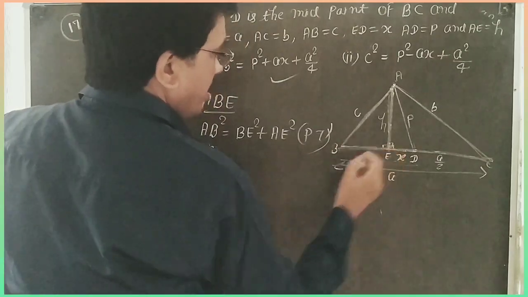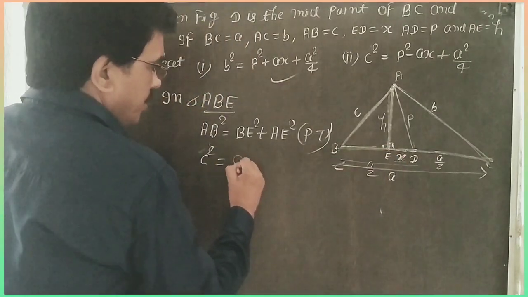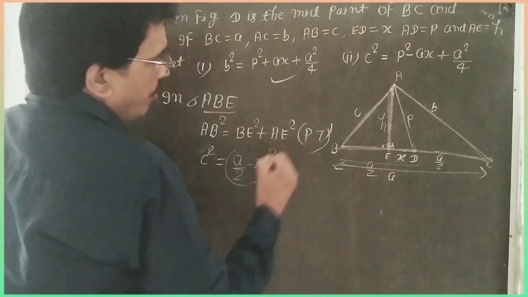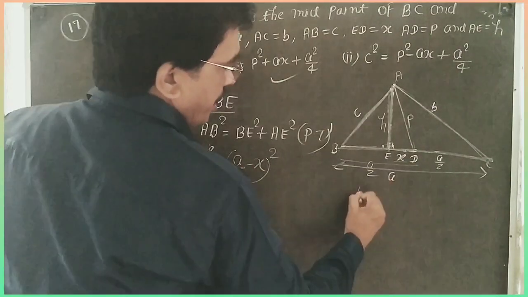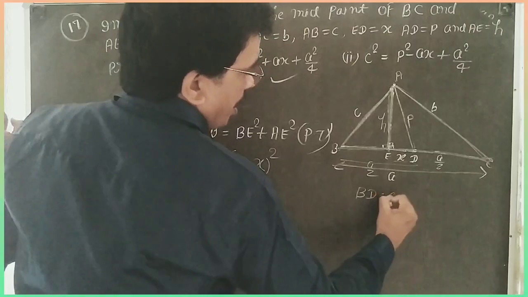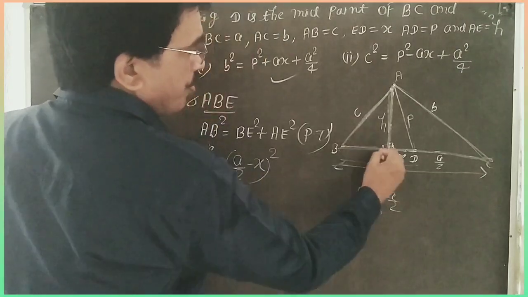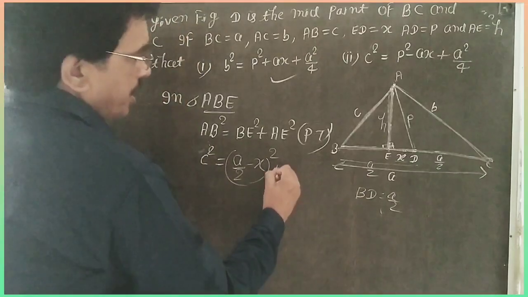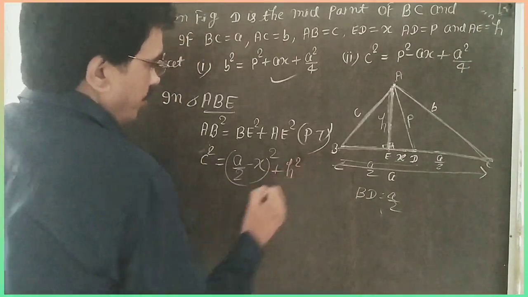So what is BE? BE is a by 2 minus x whole square, because BD is a by 2, hence BE is a by 2 minus x, plus a, and that is h square.